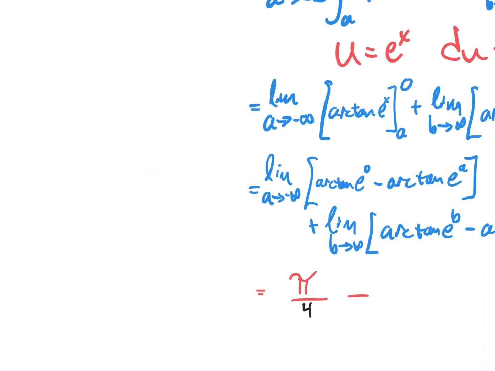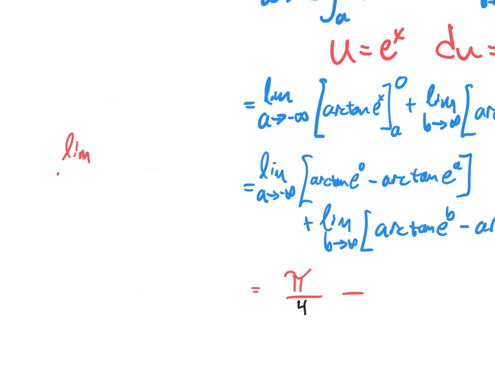Well, e to the negative infinity, let's think about that for a moment. Limit as a goes to negative infinity of e to the a. Well, that's like the same as limit as a goes to infinity of 1 over e to the a, because it's going to be a negative, right?